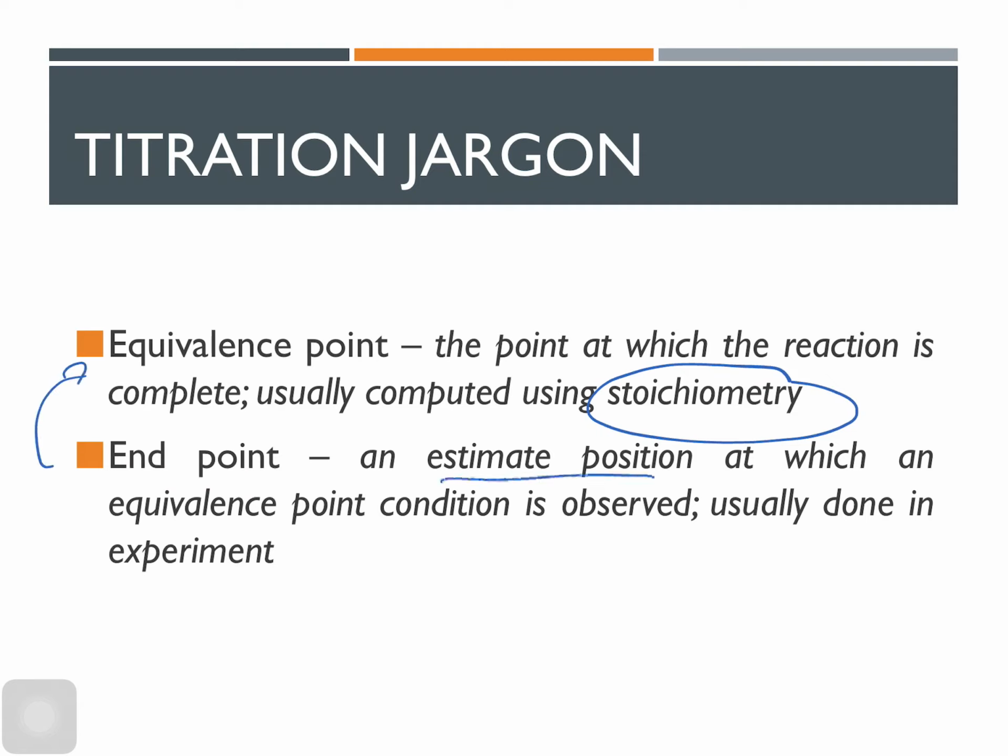It estimates the position of the equivalence point. The endpoint is observed by experiment, while the equivalence point is obtained by doing stoichiometric calculation. The difference between the two is not so big, so we can approximately say that the endpoint is almost the equivalence point.